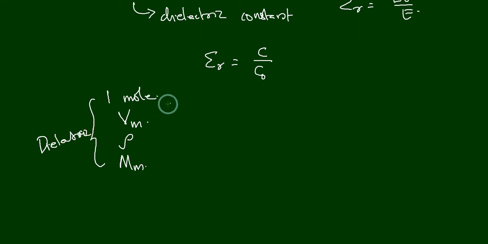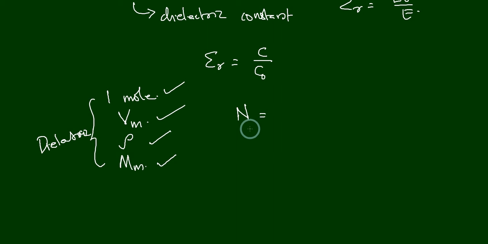So what is the amount of the dielectric? It is 1 mole. What is the molar volume of the dielectric? That is Vm. What is the density? It is rho. And what is the molar mass? That is m. And from this we can know n. What is n? n is the number of molecules per unit volume of the dielectric, right?